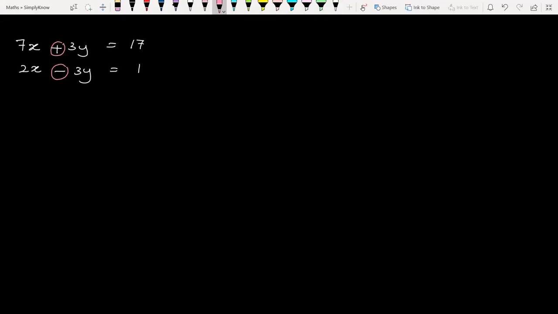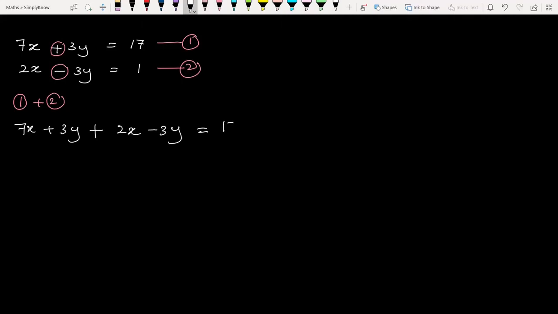This means we need to add two equations to eliminate y. So I'm going to add 1 and 2. 7x plus 3y plus 2x minus 3y equals 17 plus 1.